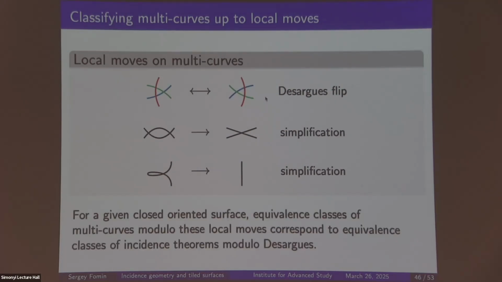So for each surface, we can study the multitude of incidence theorems that can be described by these tilings by just looking at equivalence classes modulo these transformations. And in fact, topologists have looked at this and there are results about it, like what the equivalence classes are labeled by and so forth.